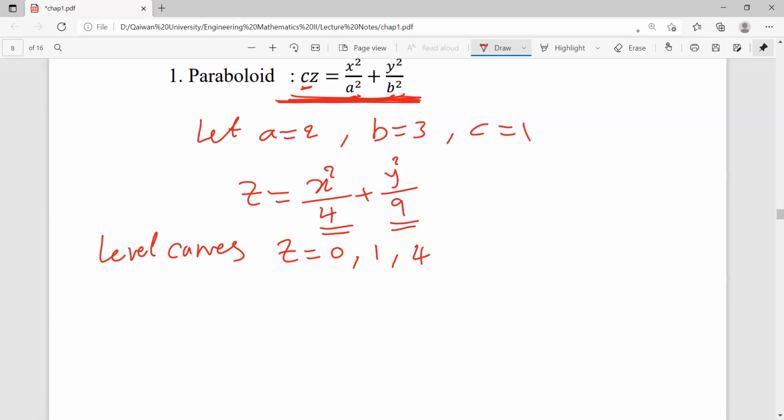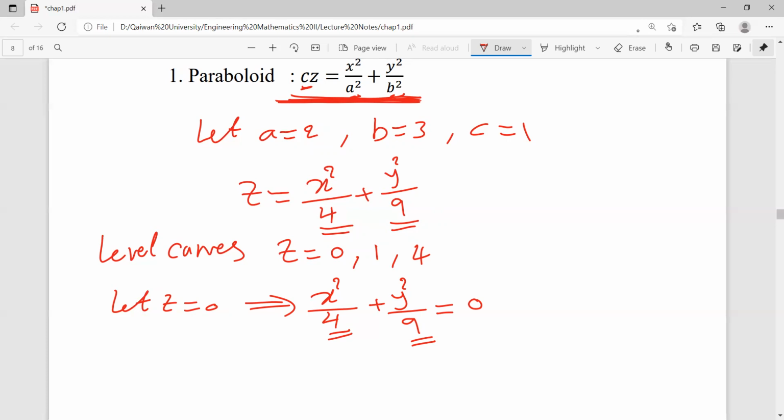For the level curves, we let Z be 0. That means X squared over 4 plus Y squared over 9 equals 0. Since these two denominators are different, one of them is bigger than the other one, it's the equation of an ellipse, and its radius is 0.